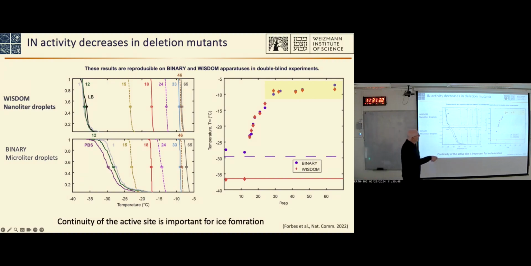But if you go below, you can see that the protein becomes less effective and doesn't lead to ice nucleation. So we see that the size or the length of the active site is important for determining the ice nucleation.